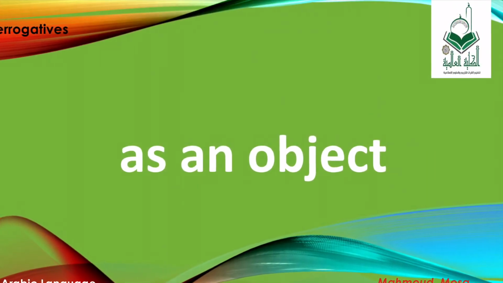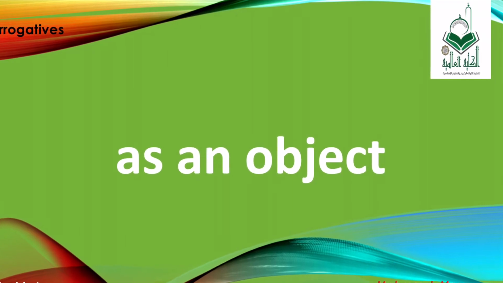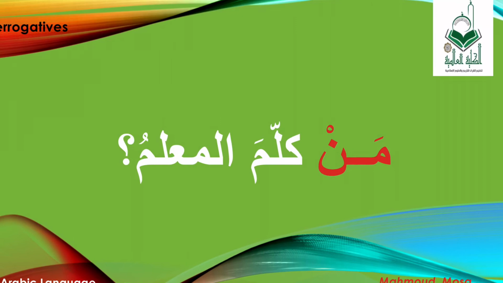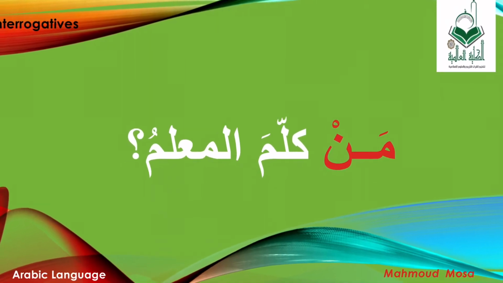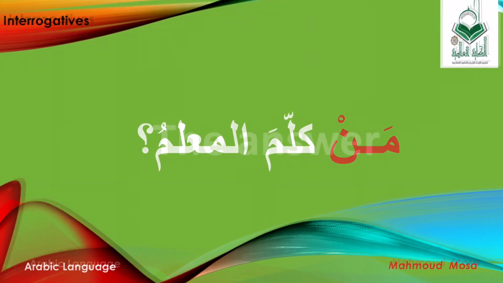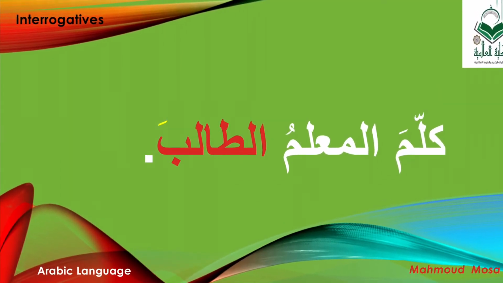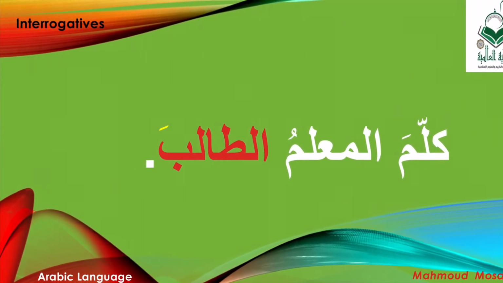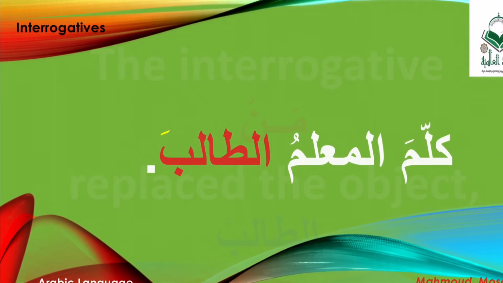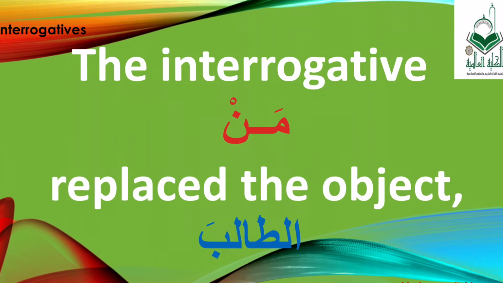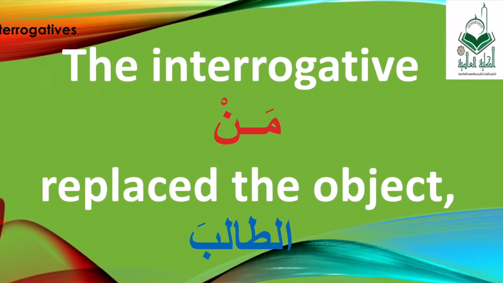An example of من as an object is من كلم المعلم. The answer is كلم المعلم الطالبة. The interrogative من replaced the object الطالبة.